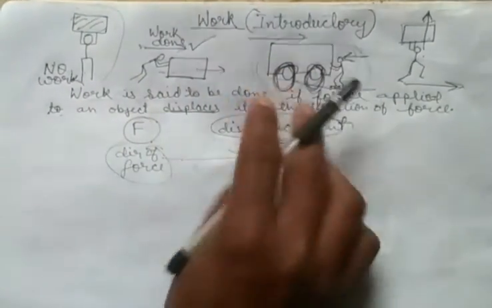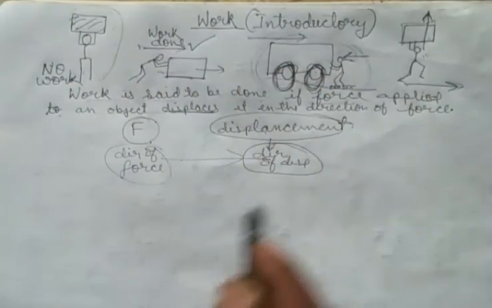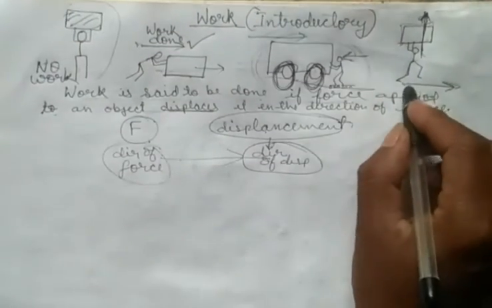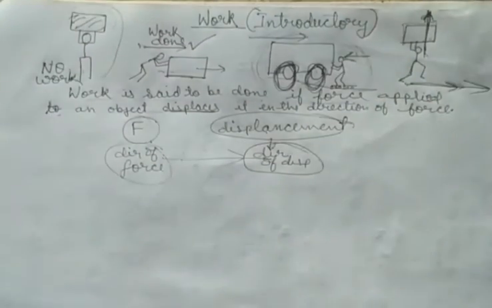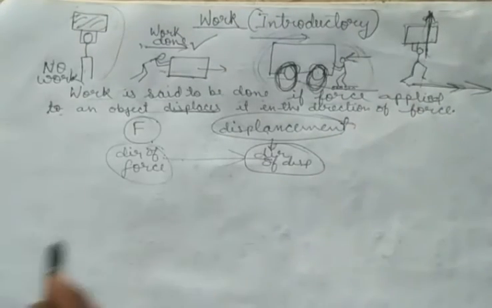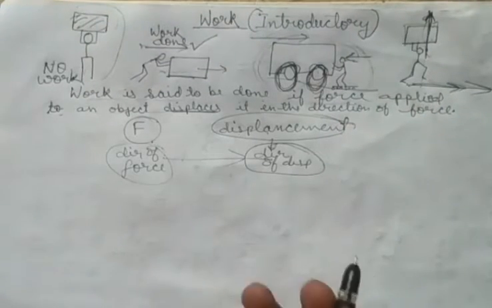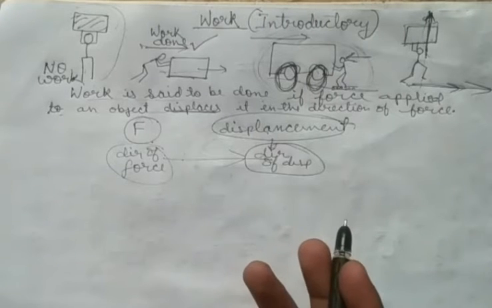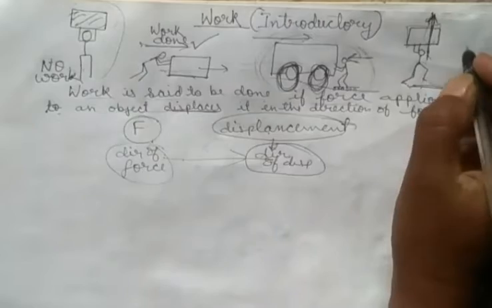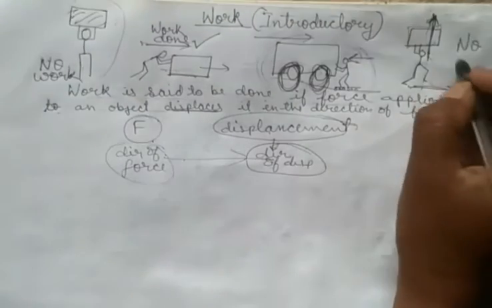Now, right now I'm not talking about this one. In this one, he is applying force in the upper direction. He is walking in this direction. Force and displacement are not in the same direction, so it will not be considered as work. Amazingly.